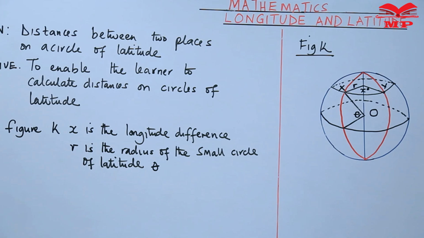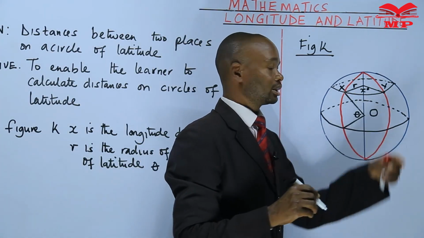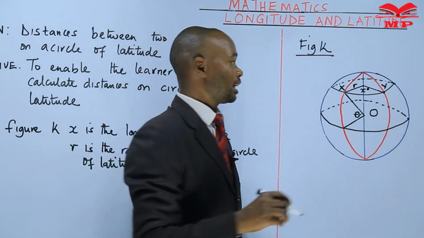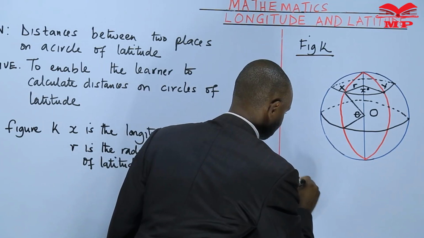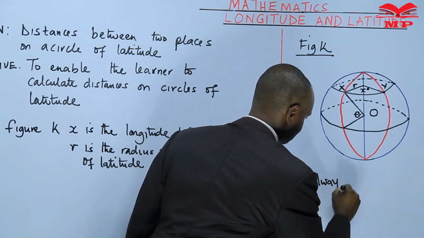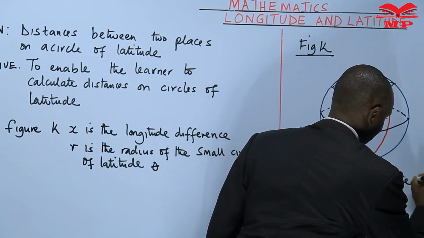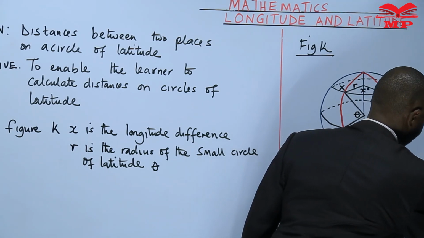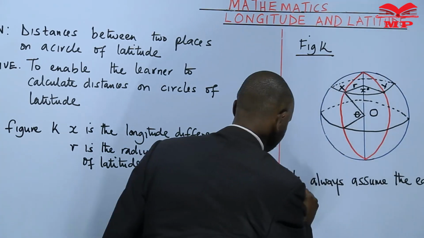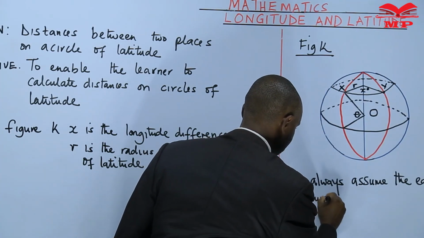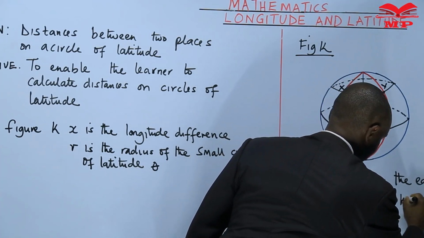When we are calculating distances, we always assume the Earth has a radius of 6,370 kilometers.